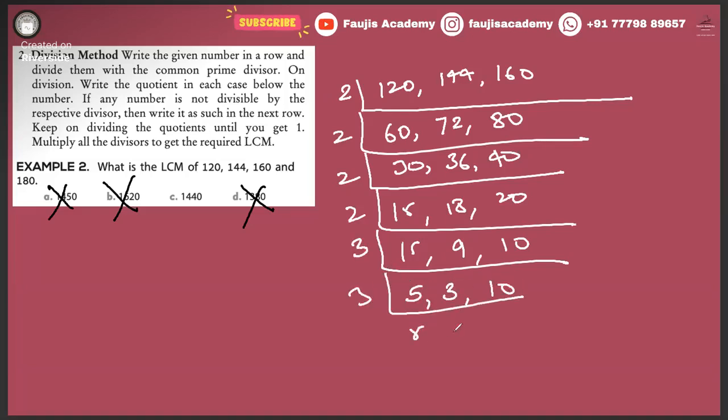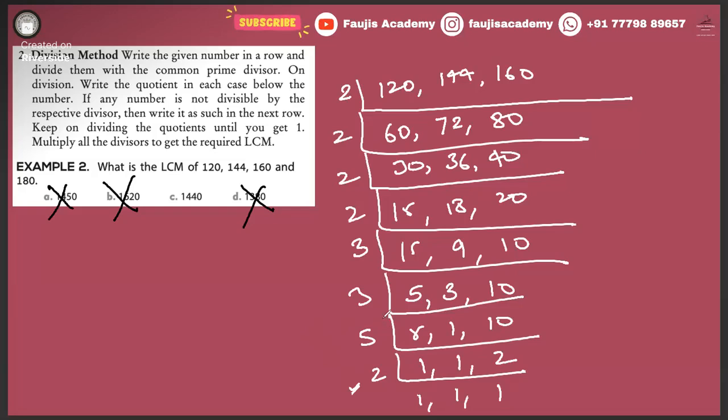Then 3, 5, 1, 10. Then 1, 1, 2. Once more, 2, 1, 1, 1. It's good if you want to get exhausted with 2 already, but it's a choice. 2 can come later as well. No worries, it doesn't make much of a difference here.